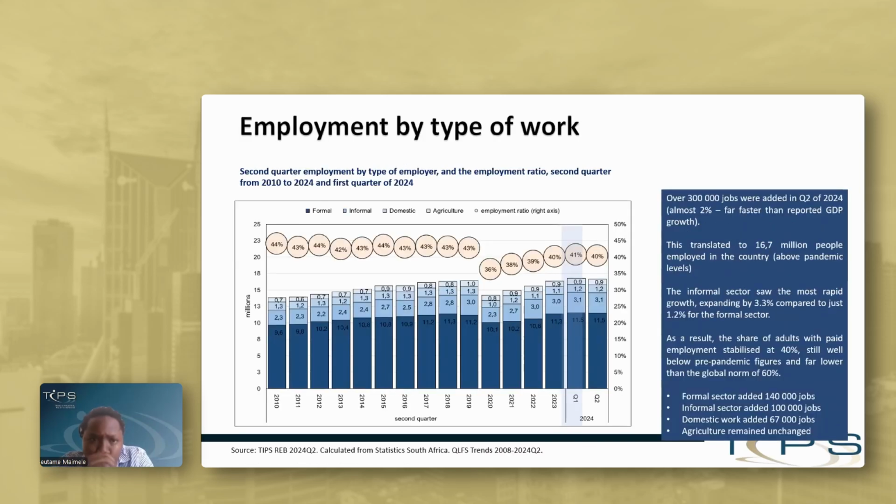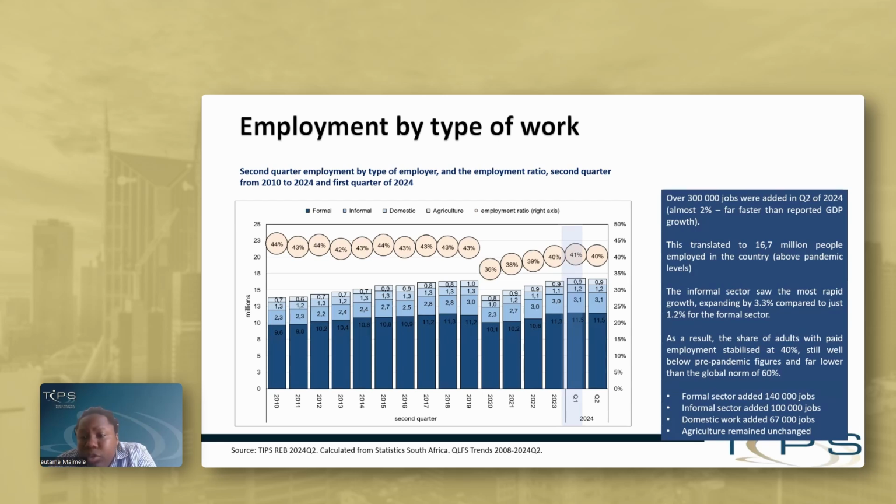Then moving into employment by type of employment. We've seen that in the second quarter of 2024, over 300,000 jobs were actually added, almost 2% faster than the reported GDP growth. This translated to around 16.7 million people employed in the country, sitting above pandemic levels.